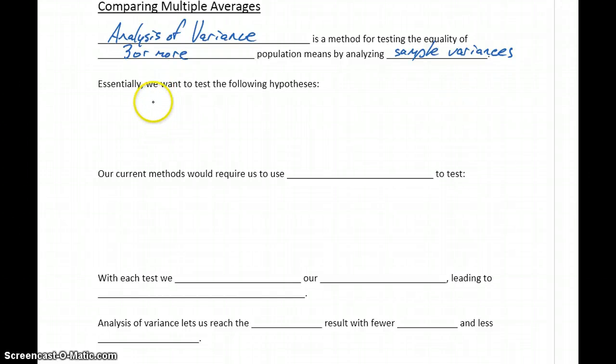So essentially what we're doing in a problem like this, if we're testing a claim about means, we'd be testing the null hypothesis that mu1 is equal to mu2 is equal to mu3. So again, we're always going to have at least three data sets, because if we had less than three, we already have some methods established for that. Or we might have more than that.